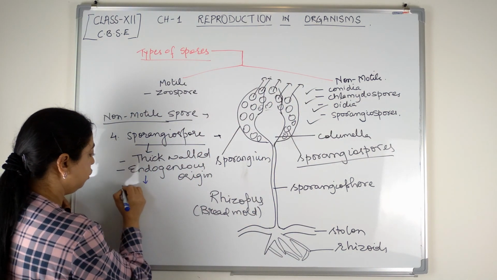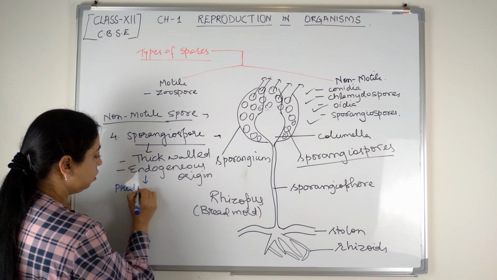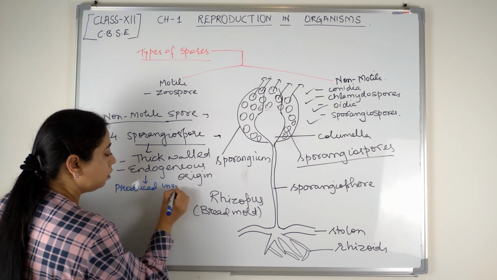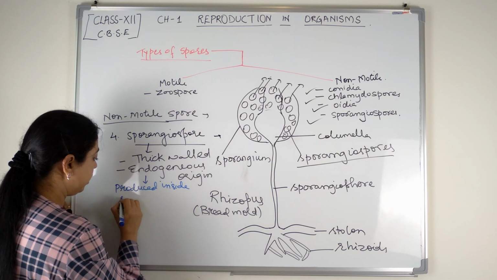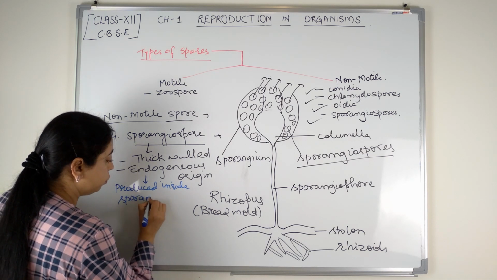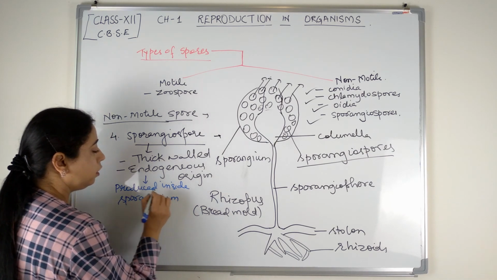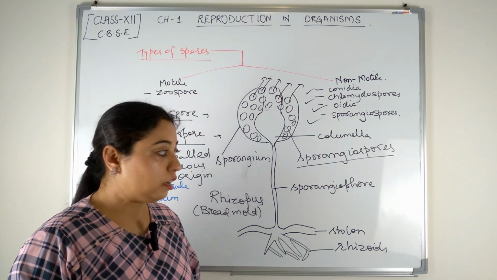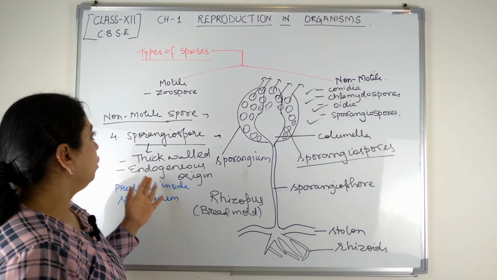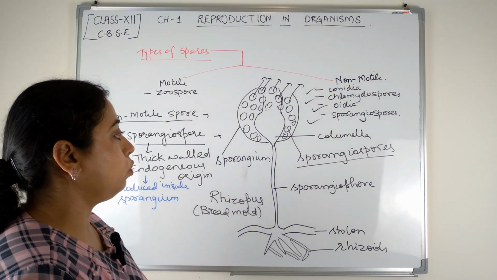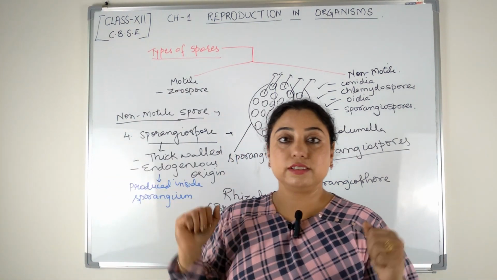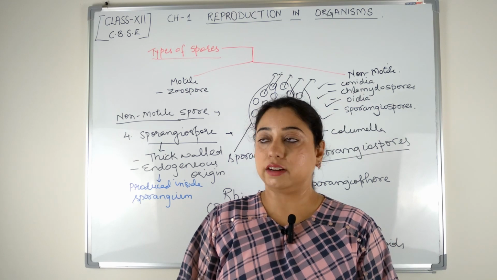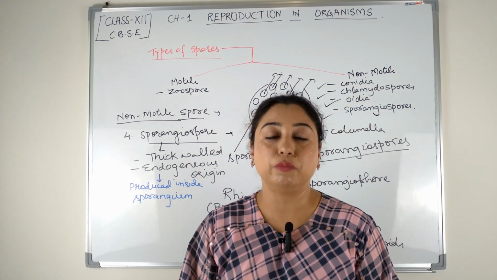They are produced inside a sac-like structure, that is sporangium. That's why they are endogenous in origin. Clear? So this is about the sporangiospore. So this is about spore formation, that is the third mode of asexual reproduction.